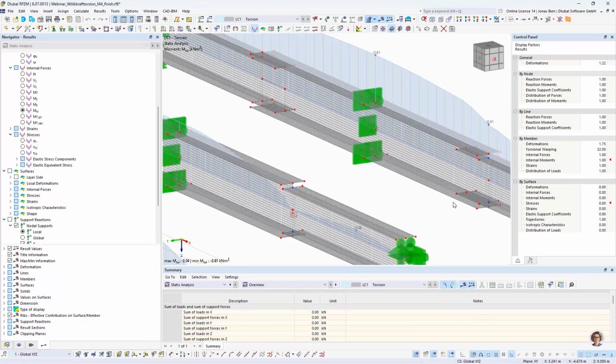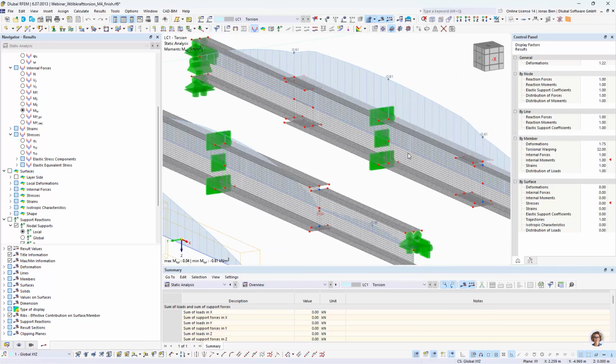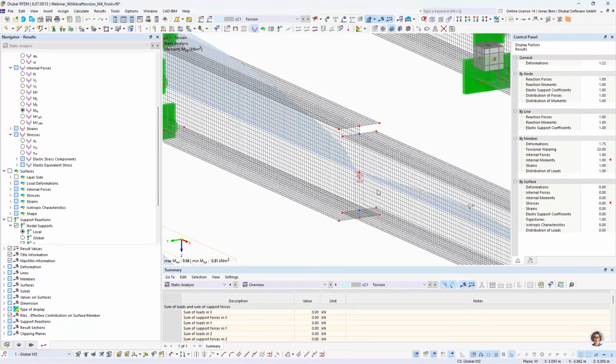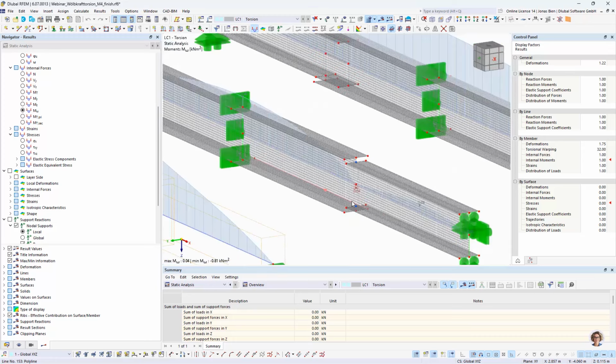So these are taken into consideration also in this shell representation here. But of course, as I said before, this is just a stupid idea to do this connection like we assumed it here in this shell modeling approach.